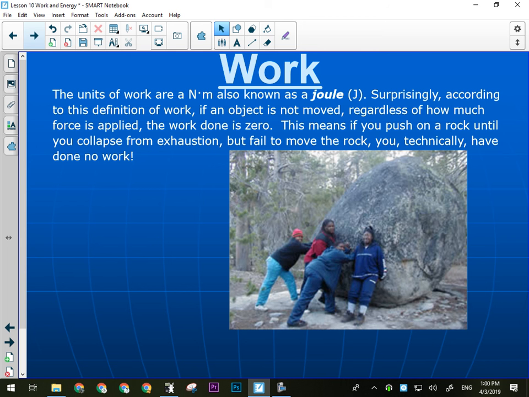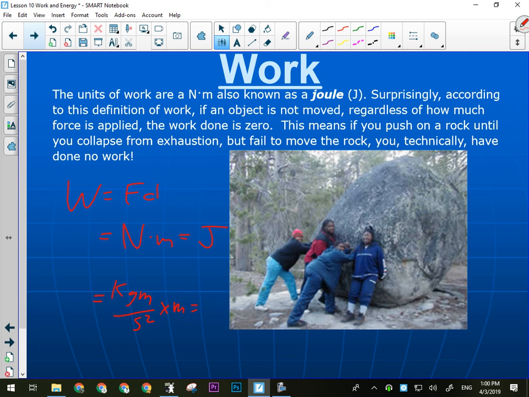Now, units for work and energy are joules. If we look at work, it is force times distance. Force is measured in newtons, distance is measured in meters. So a joule is a newton meter. Remember also that a newton is a kilogram meter per second squared.